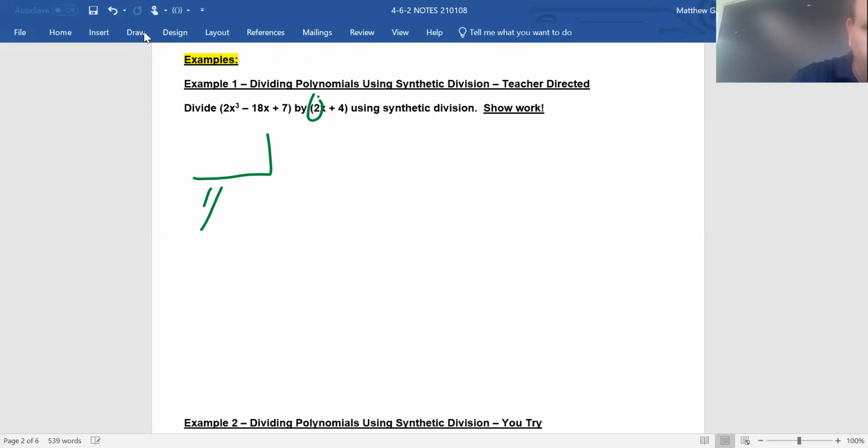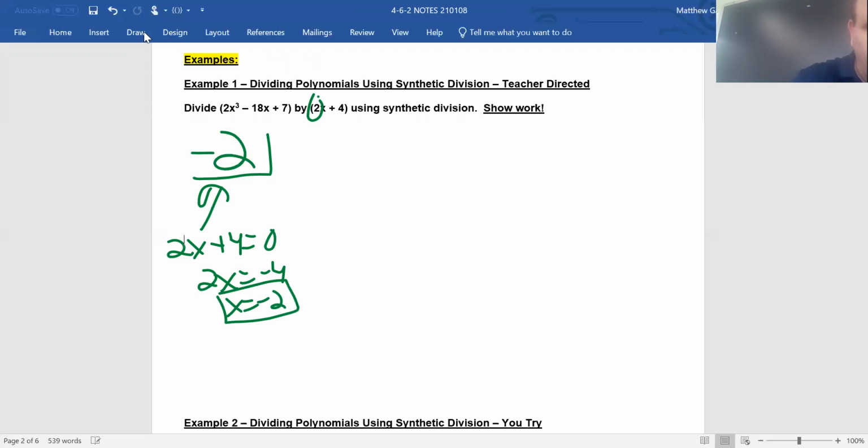Our excluded value, we set the divisor equal to 0 and solve for x. So that means x is -2. That goes inside our box. And we still have to take into account the 2 at the very end as well.